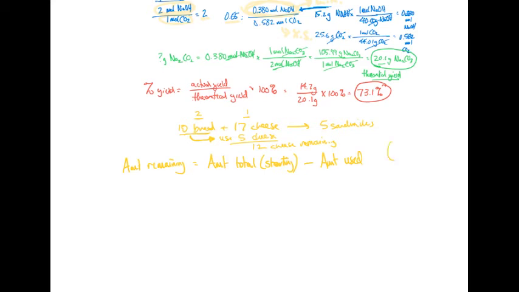And by the way, this can be either in moles or in grams. Say that again. Amount remaining, what our problem is asking, is equal to the total amount, the starting amount, minus the amount that got used, and I can do this in either moles or grams.